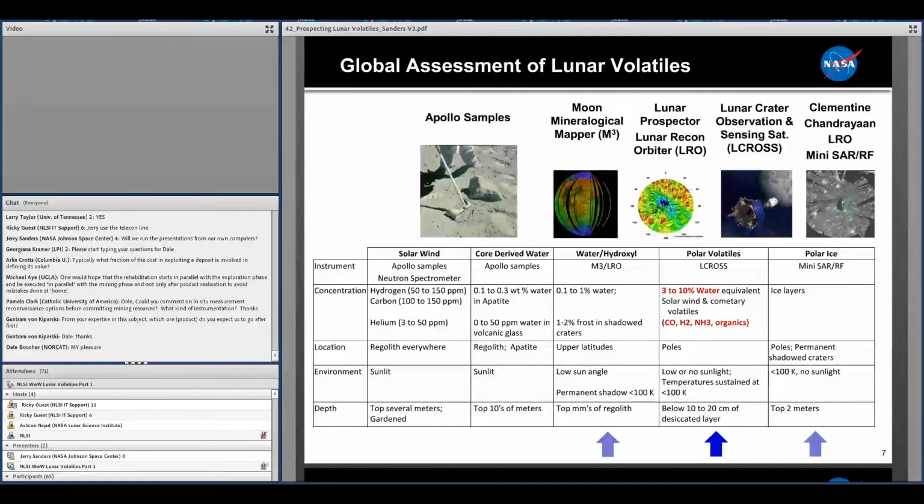We are, from a resource perspective, extremely interested in the polar volatiles that we saw that came out of LCROSS. The 3 to 10% water equivalent amounts, plus the fact that there may be some other very interesting volatiles, such as carbon monoxide, dioxide, hydrogen, ammonia, and different organics.